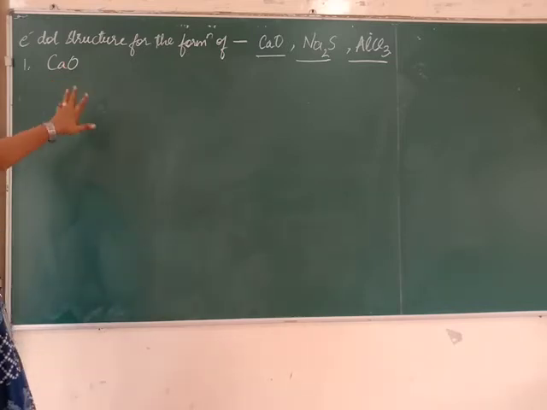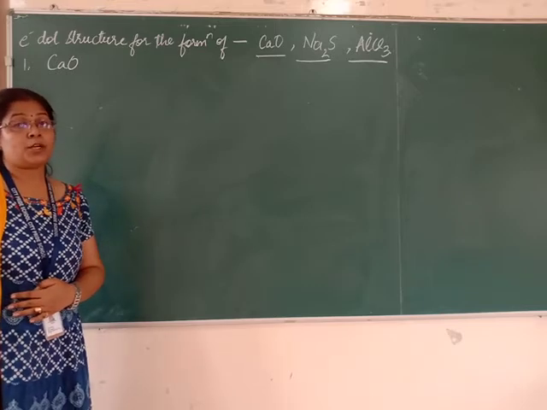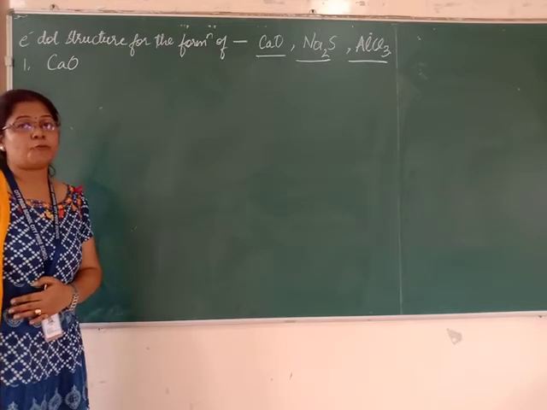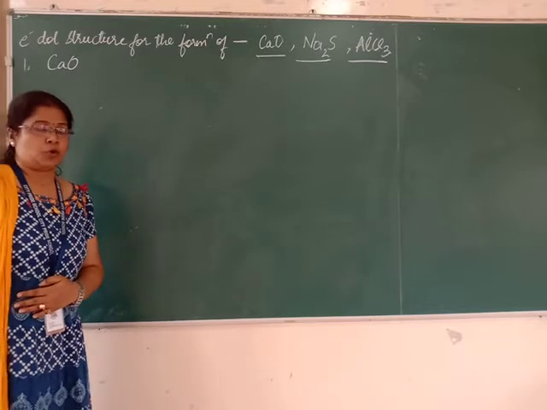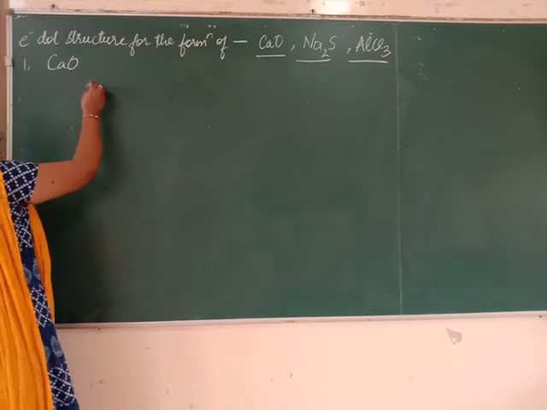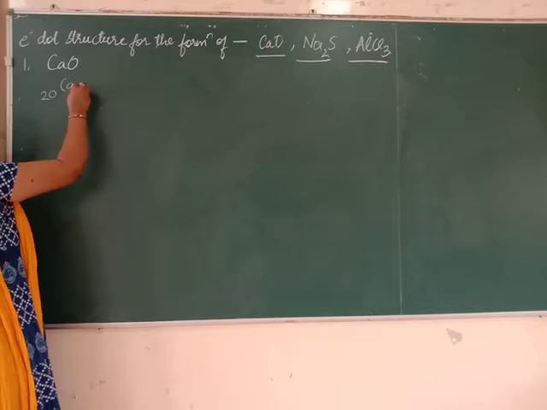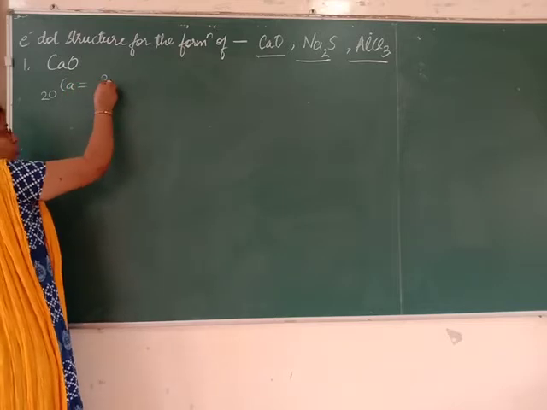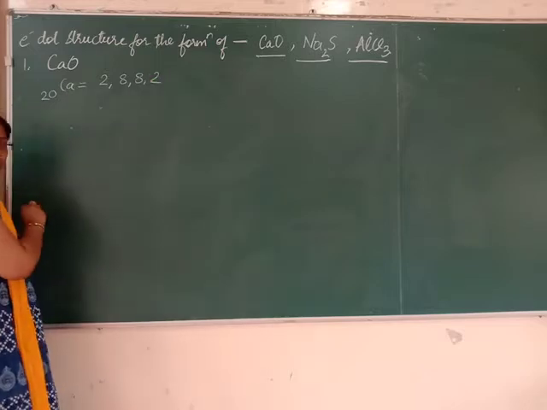Children, for the formation of electron dot structure, you need to memorize the atomic number of the first 20 elements compulsorily. The atomic number of calcium is 20, so the electronic configuration is 2, 8, 8, 2.